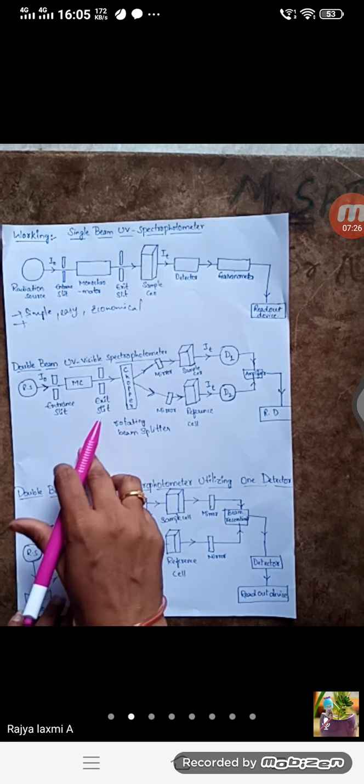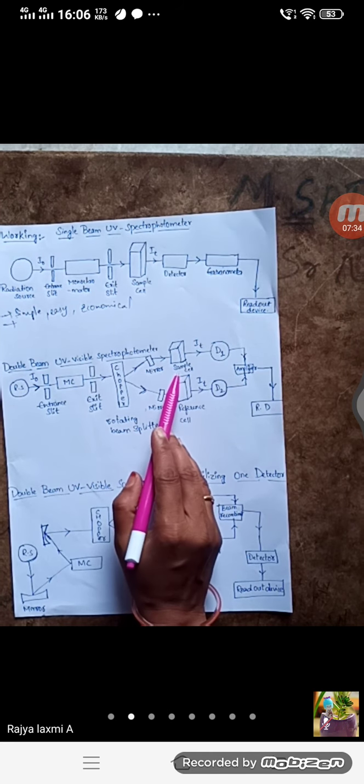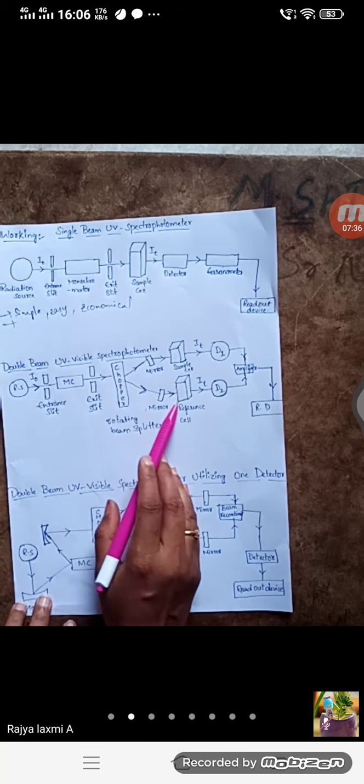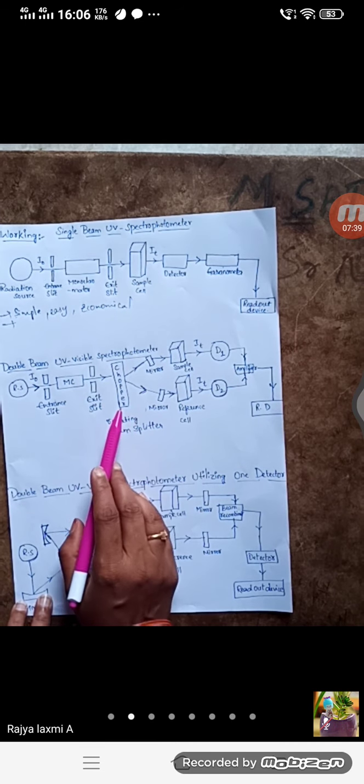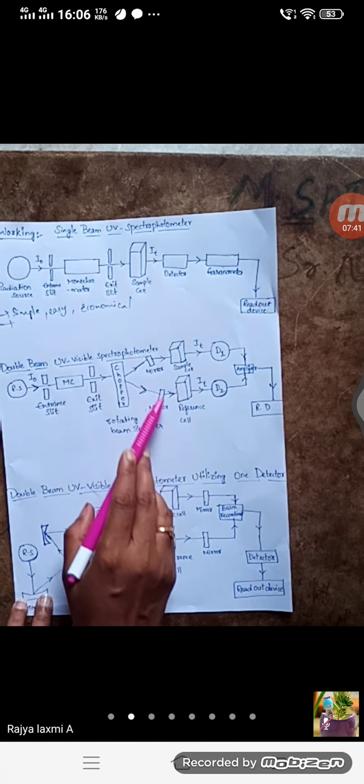After this chopper, what happens is it splits the monochromatic beam of light into two beams of equal intensities. One beam is passed through the sample cell and another beam is passed through the reference cell. Here at the chopper, the mirrors are placed.